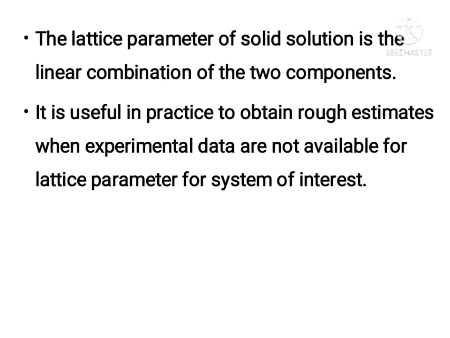From this equation, we can conclude that the lattice parameter of a solid solution is a linear combination of the two components. This is useful in practice to obtain rough estimates when experimental data are not available for the lattice parameter of the system of interest.